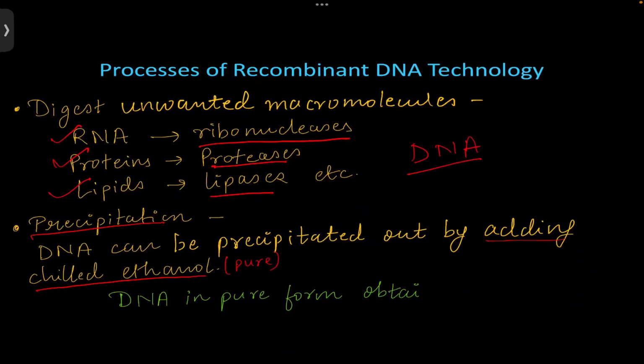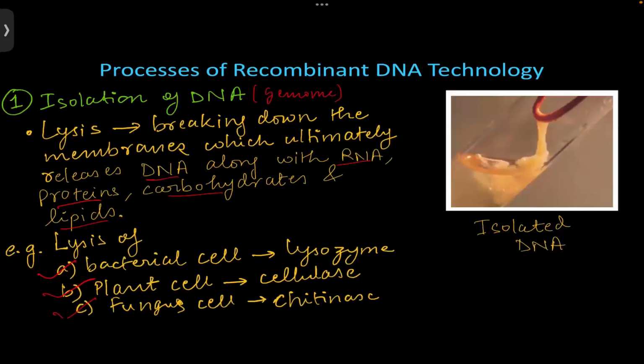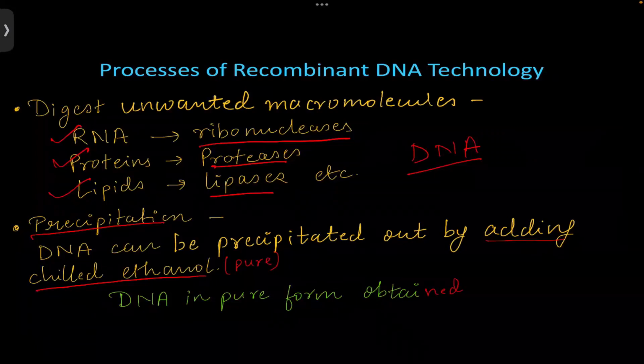After you add chilled ethanol, the DNA in its pure form will be obtained. It would look something like this. Since the DNA content is quite large, it is visible to the naked eye and looks like a white colored thread. So this is how your isolated DNA will ultimately look.